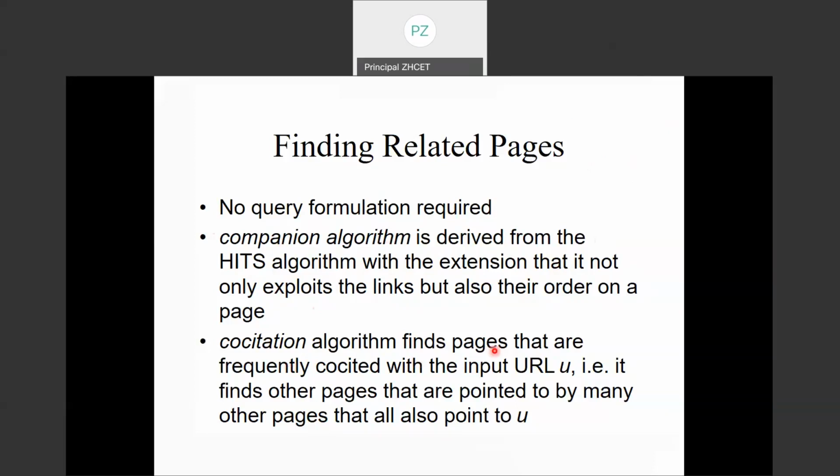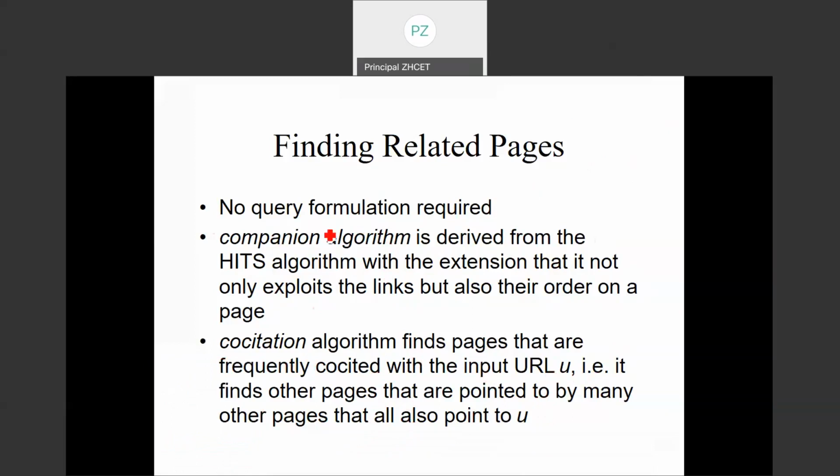The co-citation algorithm finds pages that are frequently co-cited with the input URL. It finds other pages that are pointed to by many other pages that also point to you. Let me take the pen here.